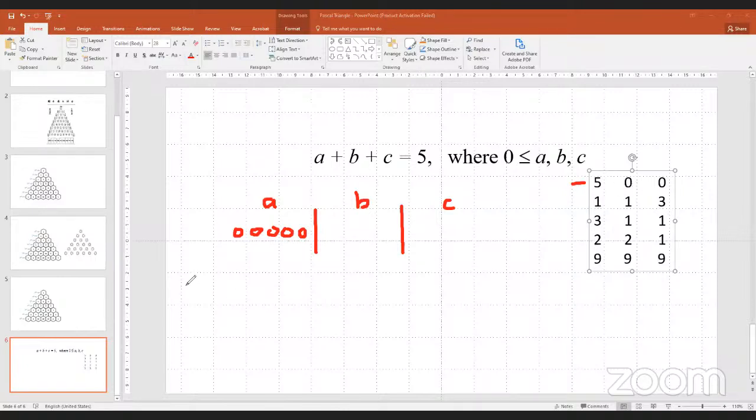So that is 5, 0, 0. And this one is 1, 1, 3. So that is 1, 1, 3. And here is 3, 1, 1. So we still have this. Maybe do it like this. So that's the border.